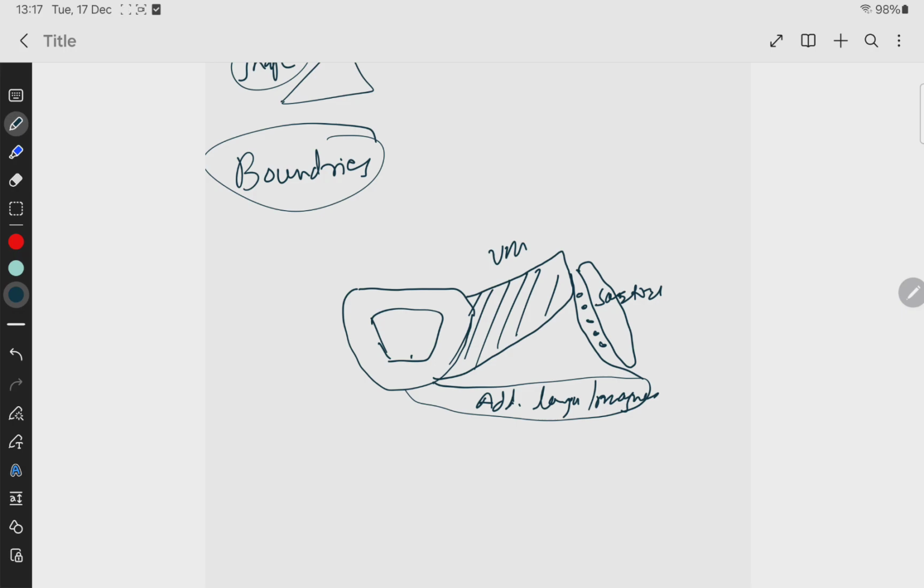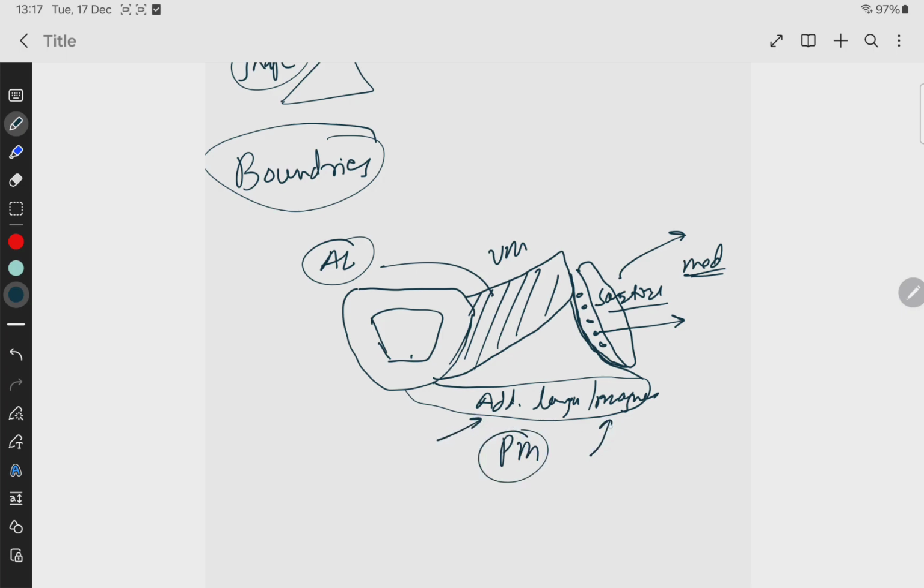Okay, so what are the boundaries? Anterolaterally there is the vastus medialis muscle. The medial wall is formed by the sartorius, the deep fascia beneath the sartorius, and the subsartorial plexus of nerves. Posteromedially, in the upper part there is adductor longus and in the lower part adductor magnus.